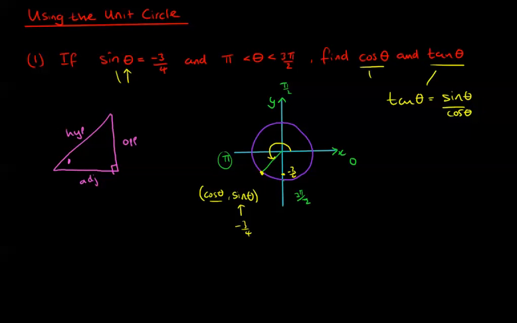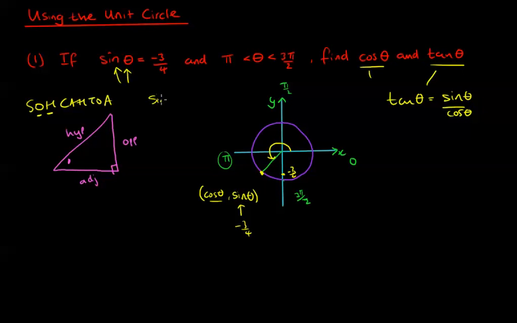If we think about Sohcahtoa, we're told what sine theta is. Sine theta is minus 3/4, but sine theta is also the opposite divided by the hypotenuse.